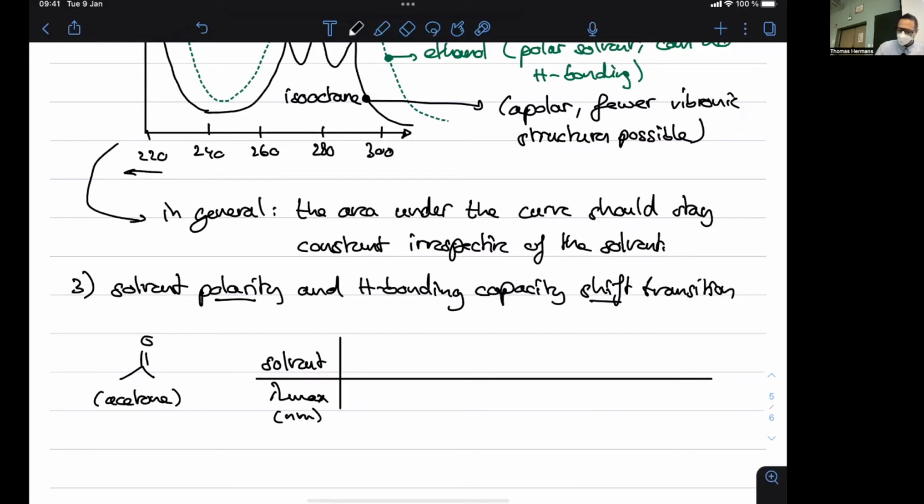then in water, methanol, ethanol, chloroform, and hexane, it will be 264, 270, 272, 277, 279.